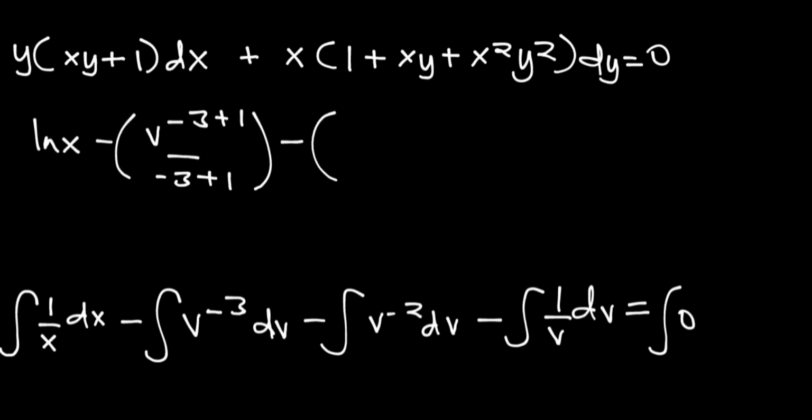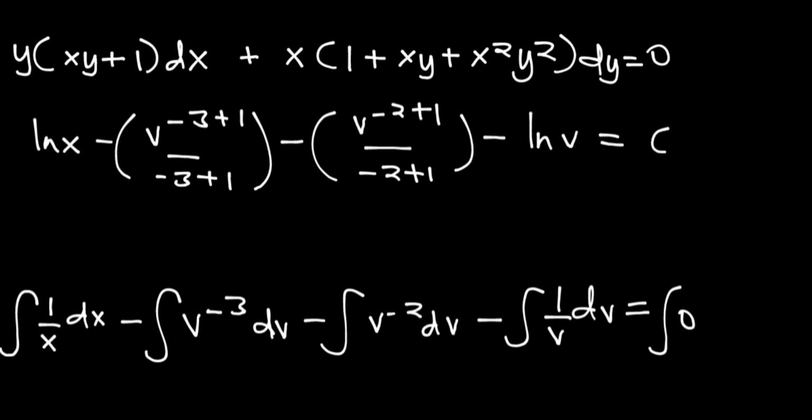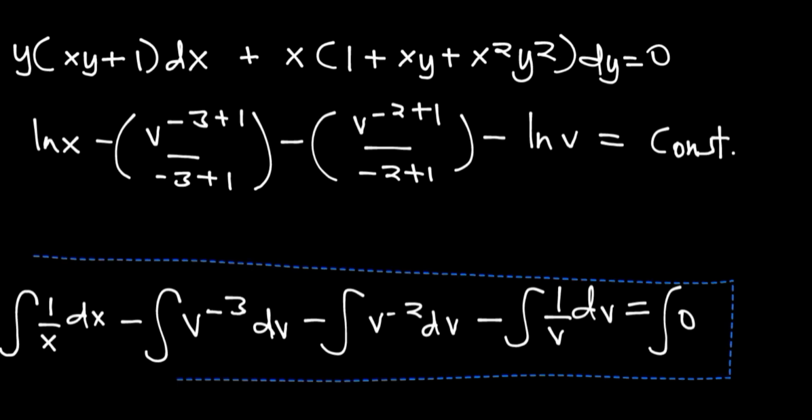Then on this side, we're going to have v raised to the power of negative 2 plus 1, divided by negative 2 plus 1. And the last one, we should have a normal ln v. And on this other side, we should have a constant.